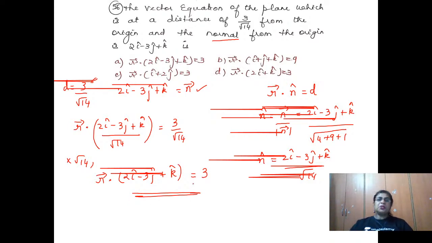Now check which option is satisfied. Which option is satisfying my answer? R vector dot 2i cap minus 3j cap plus k is the first option which is satisfying. Okay, I hope the idea is clear to you all.